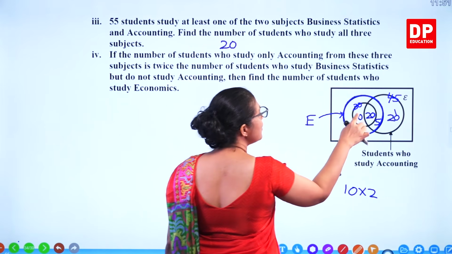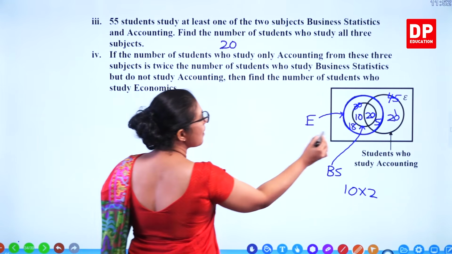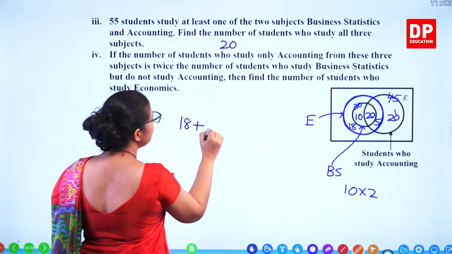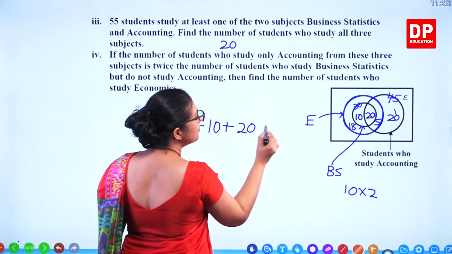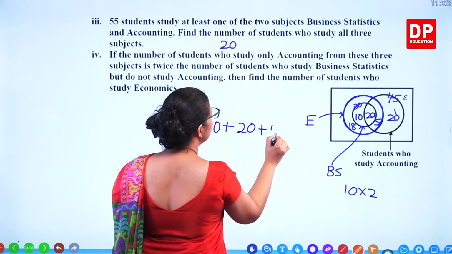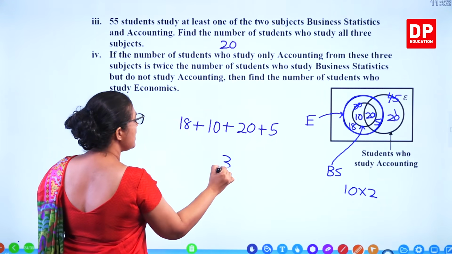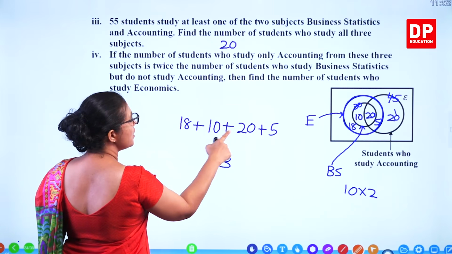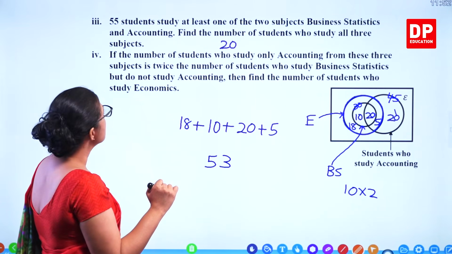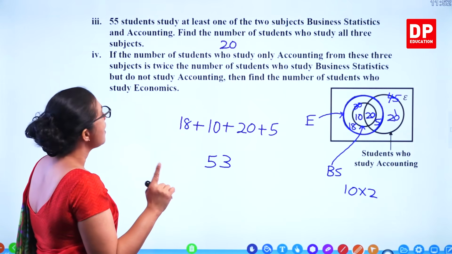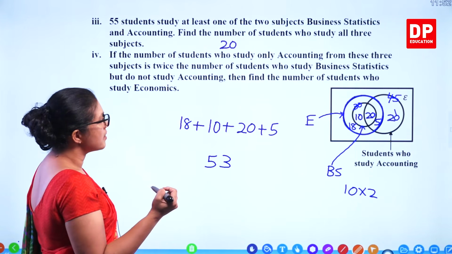Add all the values. So it's 18 plus 10 plus 20 plus 5. So how many altogether? 13, 23, 43, 53. So 53 students study economics. So that's the answer for the last part.